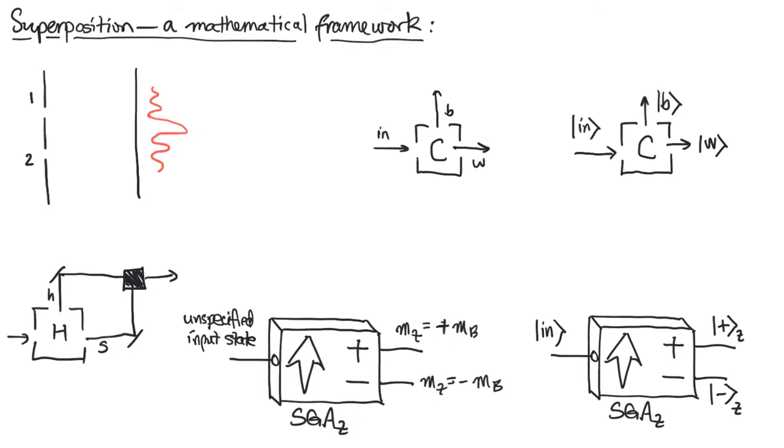Now, at this point, you still might not be convinced that this added notation is useful or even a good thing. So let's put this to use in a way that we can understand more clearly why this is going to be a win for us. Let's think back to some of the experiments that we've seen before. Here's one. We have a hardness box followed by a color box.